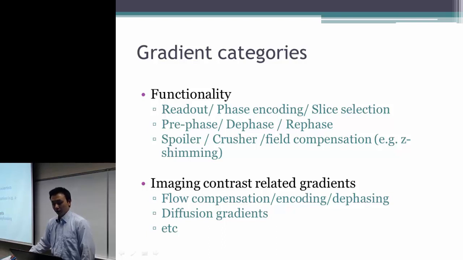So we will discuss this in chapter 23. And also, for diffusion weighted imaging, we would use very strong and long gradients to enhance the diffusion effect, and we will call those diffusion gradients.